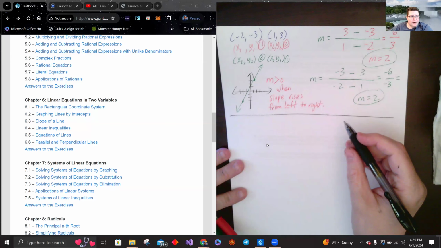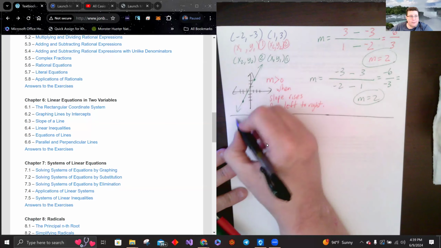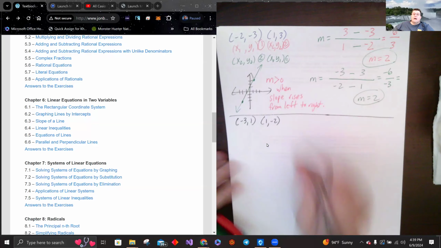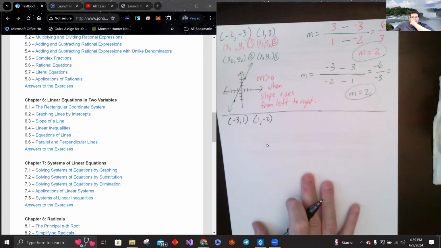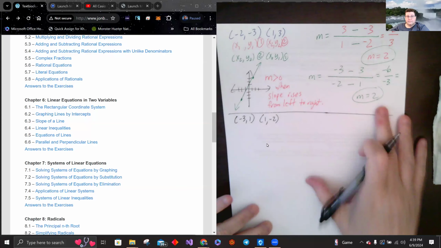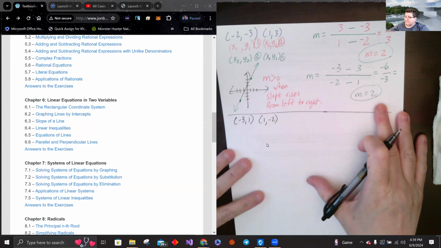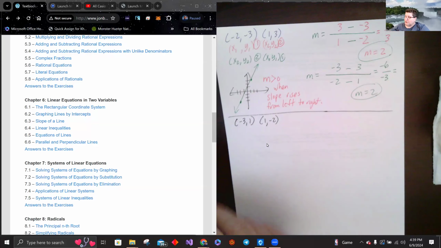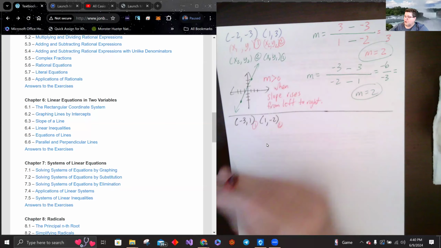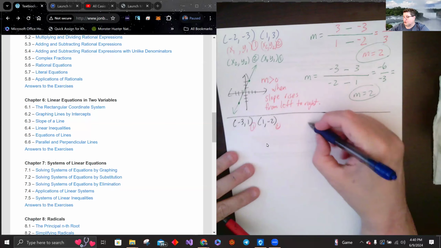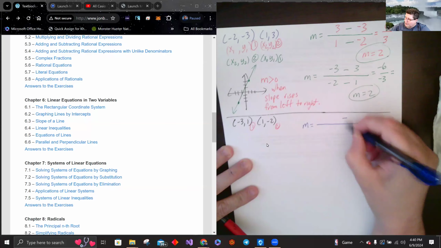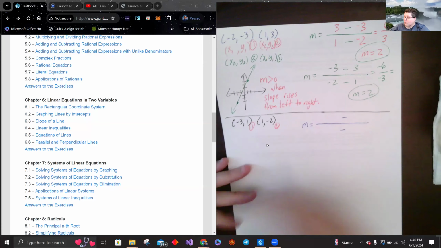Why don't you give it a try, you guys, with -3, 1 and 1, -2. Pause the video, figure out what the slope is, M. All right, I will assume you did. I'm going to call that 1 and 2. You may have chosen differently. If you did, you should still get the same slope. I like putting the fraction bar and the minus signs in right away.